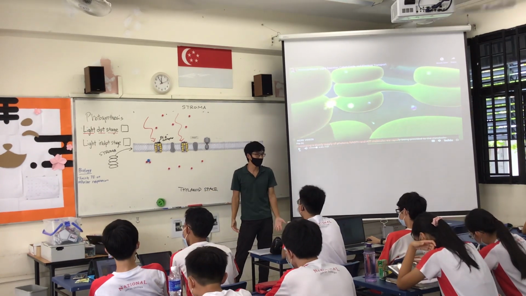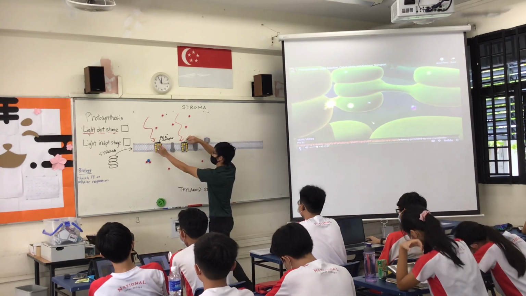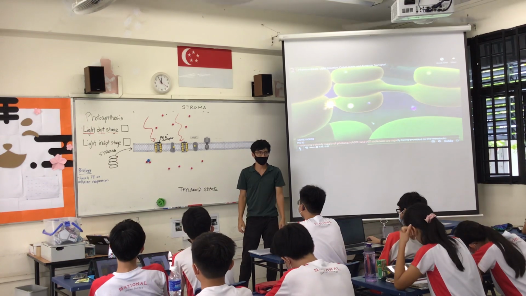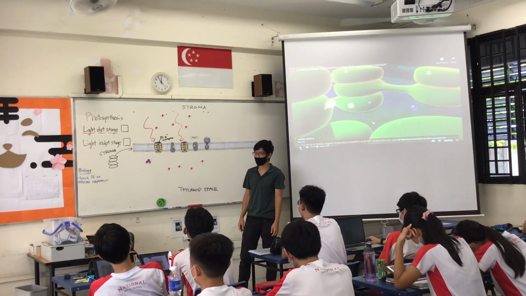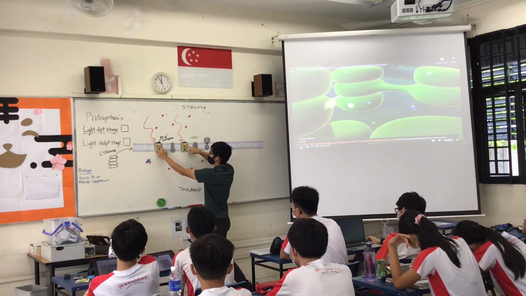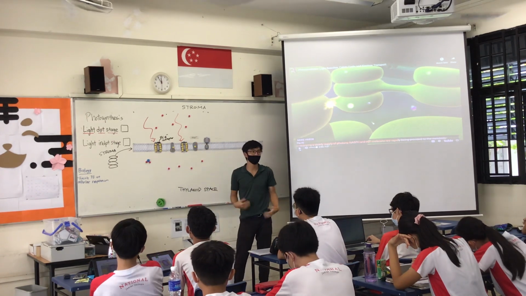But what's the point? The point is, we need to get it out of chlorophyll so that it can flow down the electron transport chain. From the primary electron acceptor, it can start going down the electron transport chain that we are so familiar with.